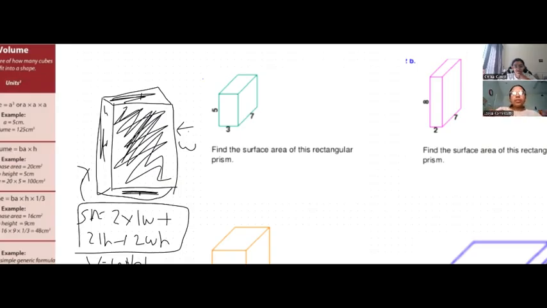So we know the formula is SA equals 2 times length times width plus 2 times length times height plus 2 times width times height. So let's say this is length, this is width, and this is the height, right? So for your surface area, you're just going to plug these numbers into the formula.